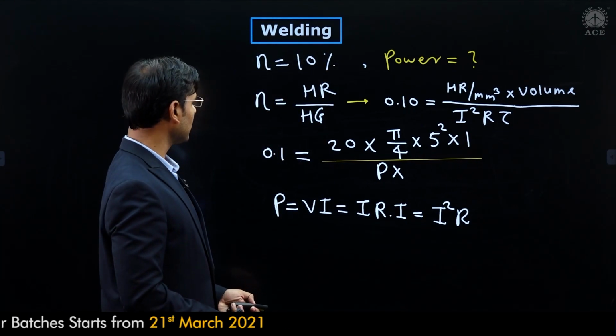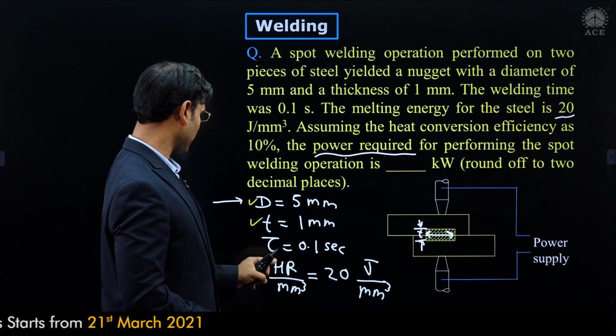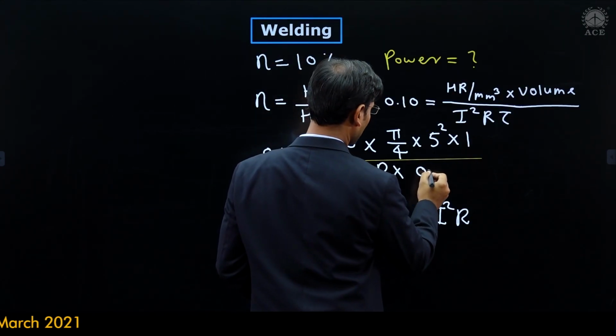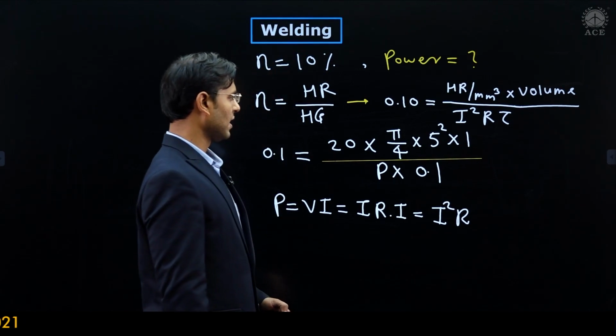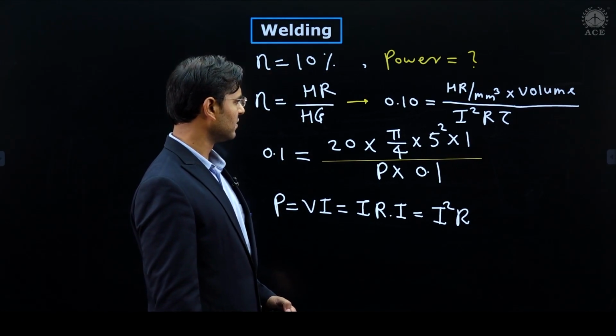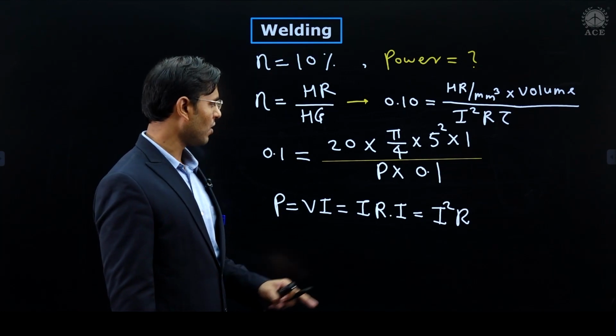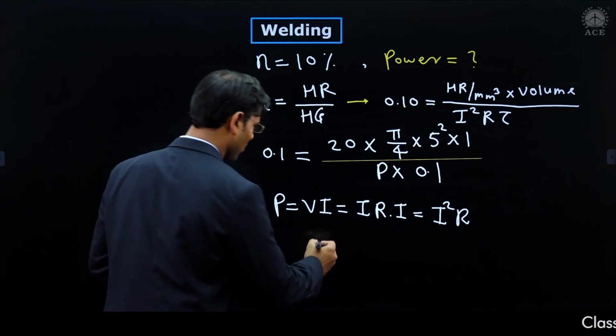What is tau given? A very small value is given, that is 0.1 second. Then I am writing here 0.1 second. And from here we get the value of power.